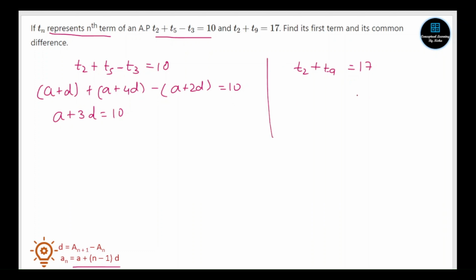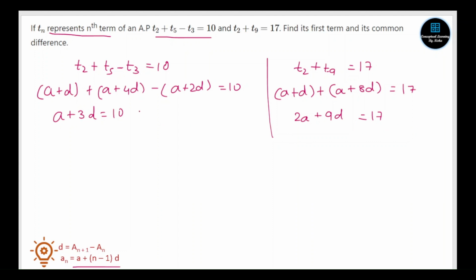Now if I simplify this again: a plus d plus a plus 8d equals 17. And on simplifying, what do we get? 2a plus 9d equals 17. Now you have two linear equations, right? We know how to solve them.